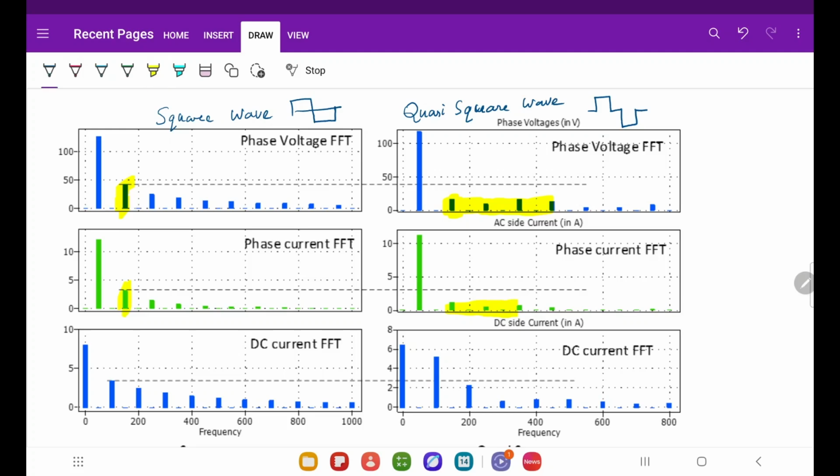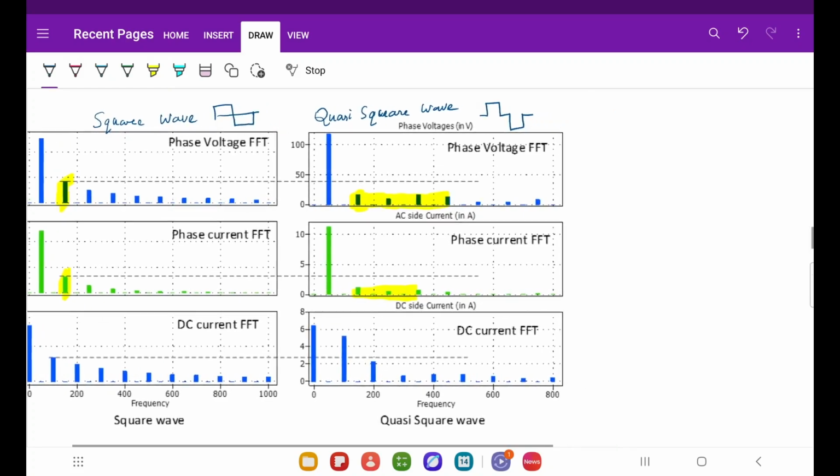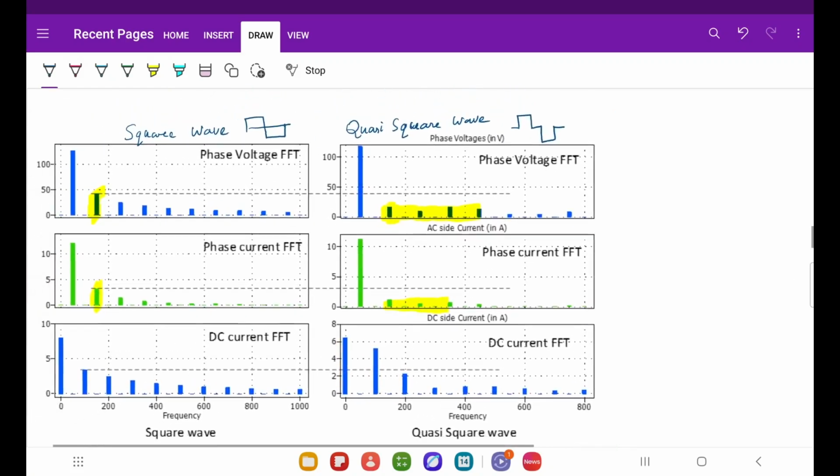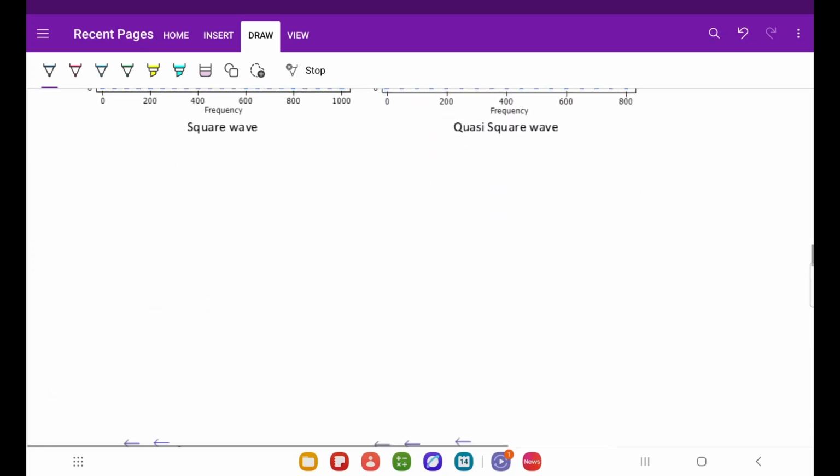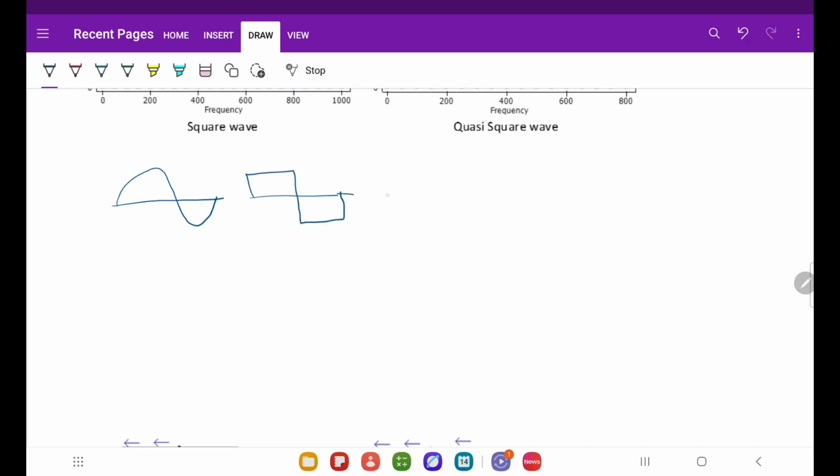So definitely when you go from square wave to quasi square wave, it is becoming more sinusoidal in nature, because unwanted harmonics are reducing. So let's say you have a sine wave, and there are two ways of representing it. One is square wave, another is quasi square wave. So this one is better for you, because it has less unwanted harmonics.